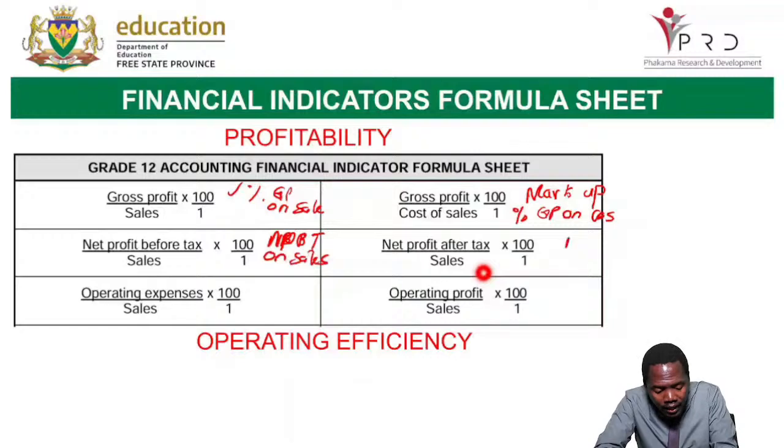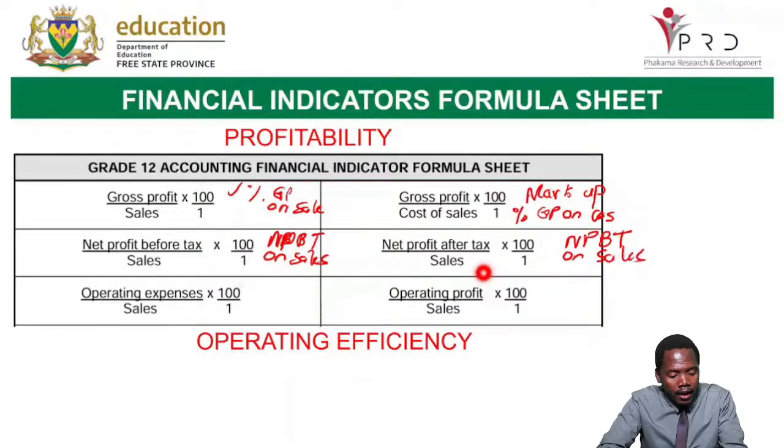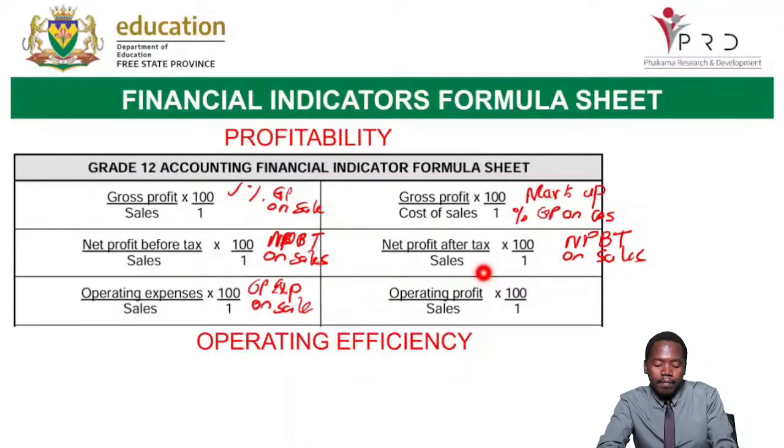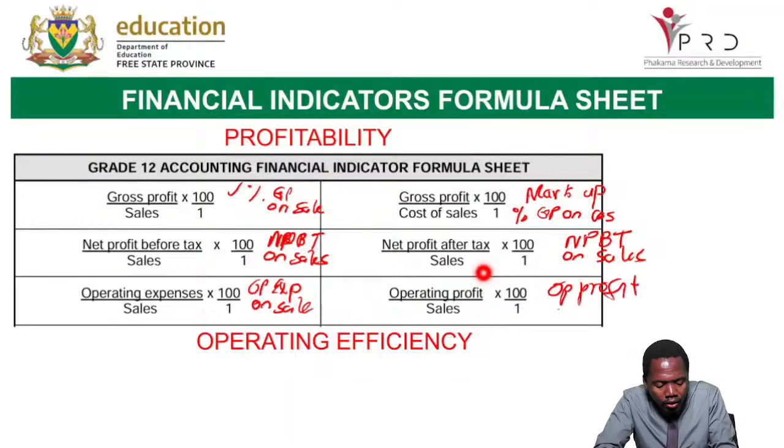And then we also have the operating expenses on sales, as it says. The word 'on' means divide. We also have the operating profit on sales.